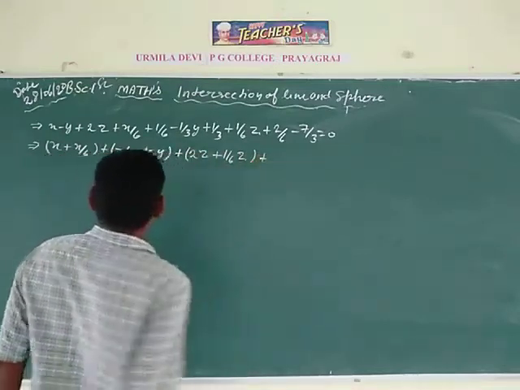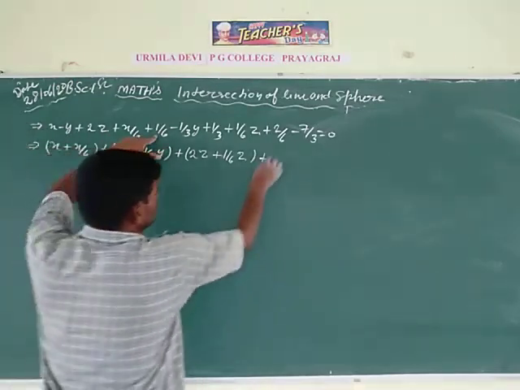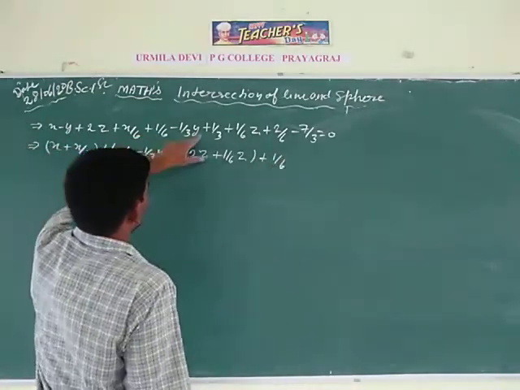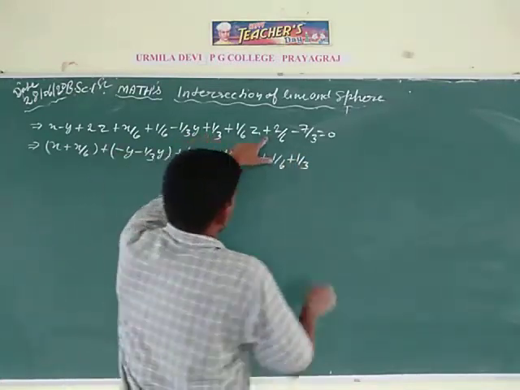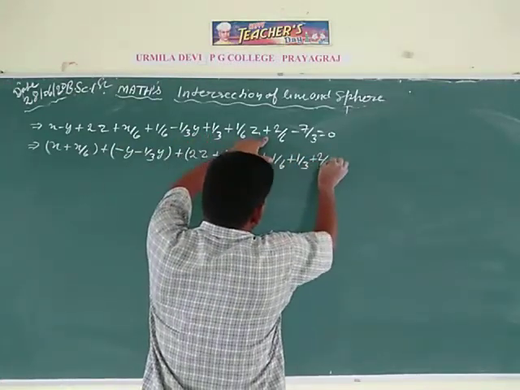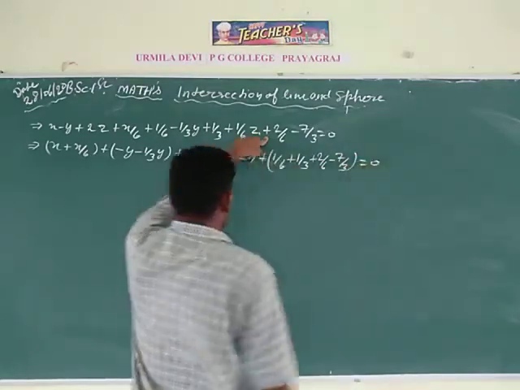After this write the numerical values: 1 by 6, 1 by 6, 1 by 3 and 2 by 6, minus 7 by 3 is equal to 0.